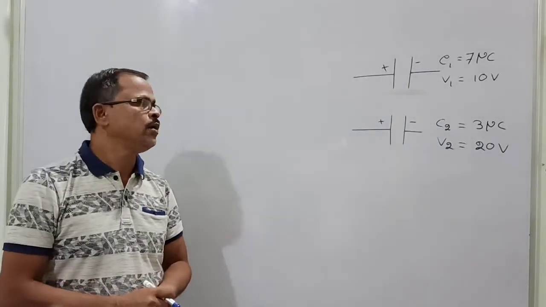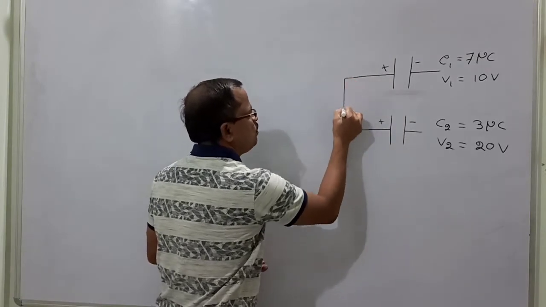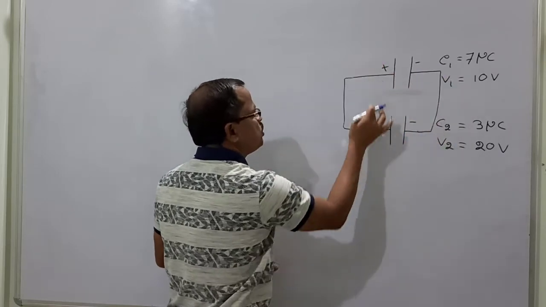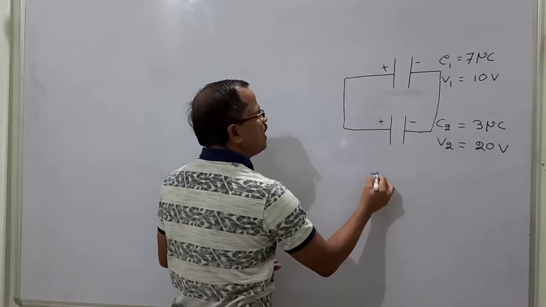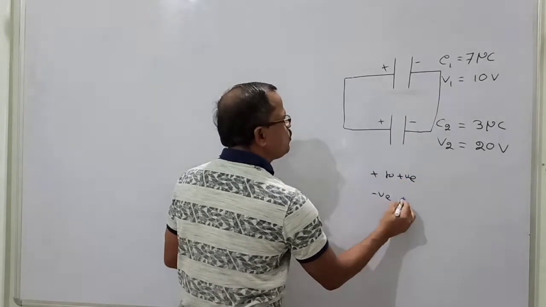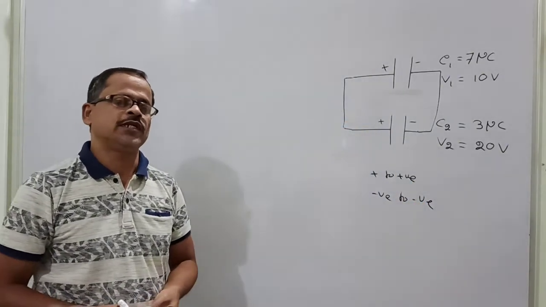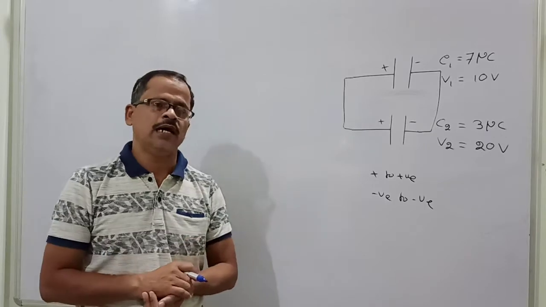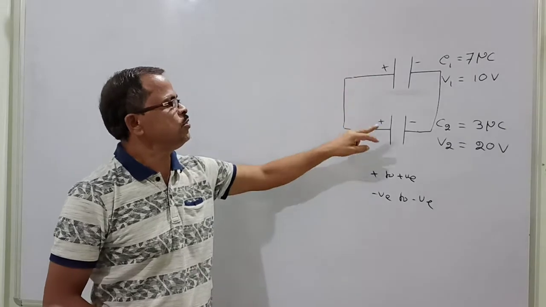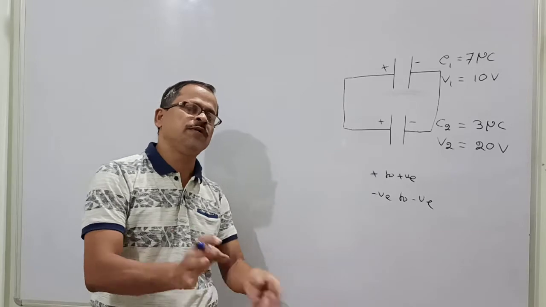The question is, when the like plates are connected together, positive to positive and negative to negative, what is the common potential? How much charge will flow from this capacitor to that capacitor, and what is the amount of energy lost during the process of charge flow?